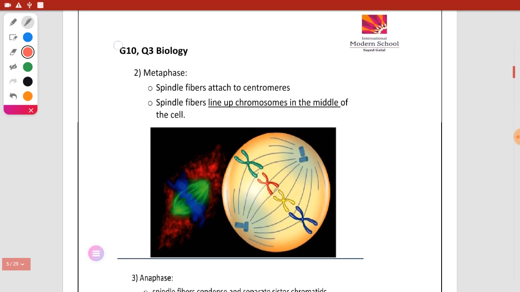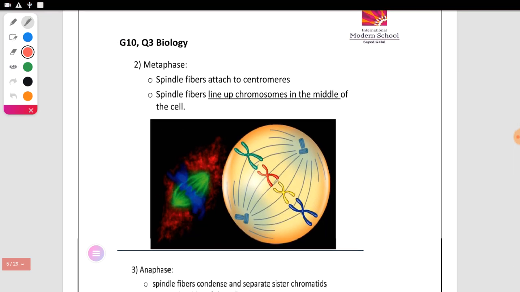In the metaphase, this is important. The metaphase is very, very important. Do you remember the spindle fibers? The spindle fibers are attached to the centromere. These lines are called spindle fibers.